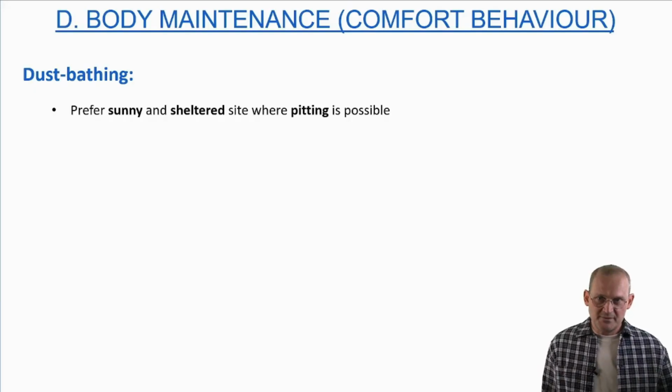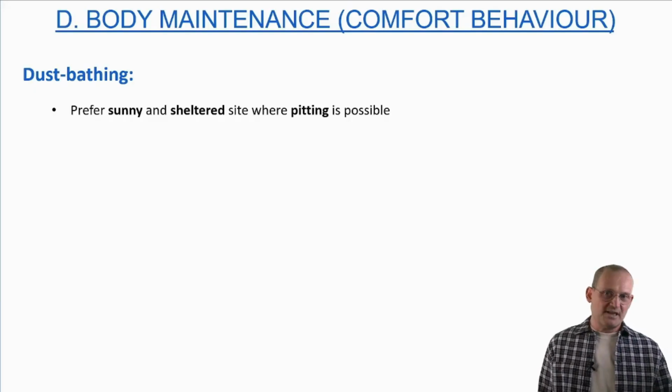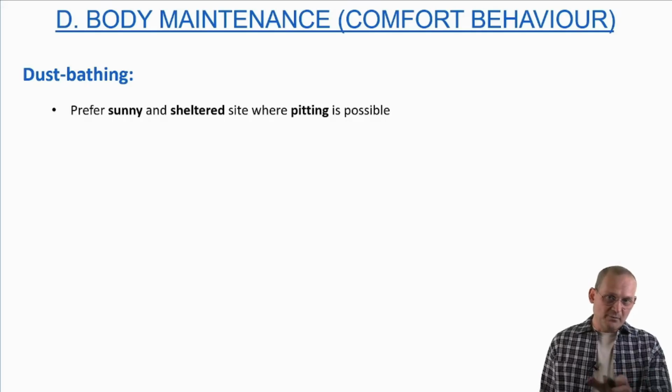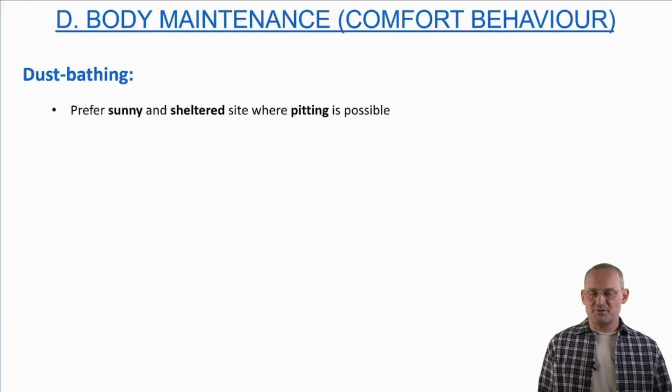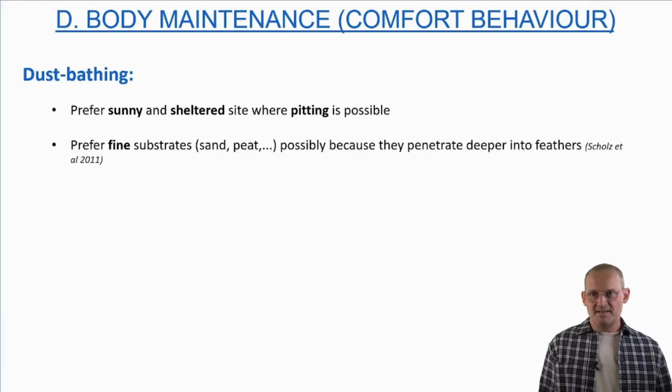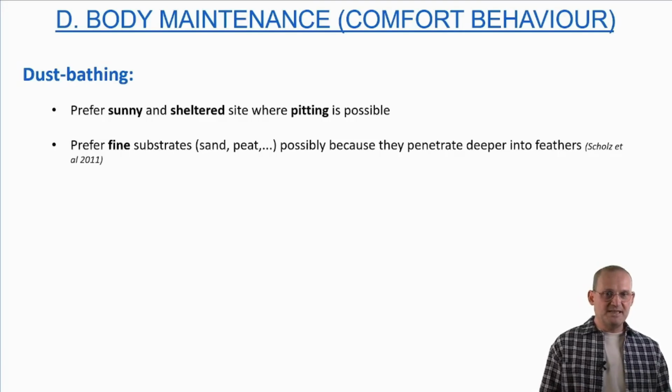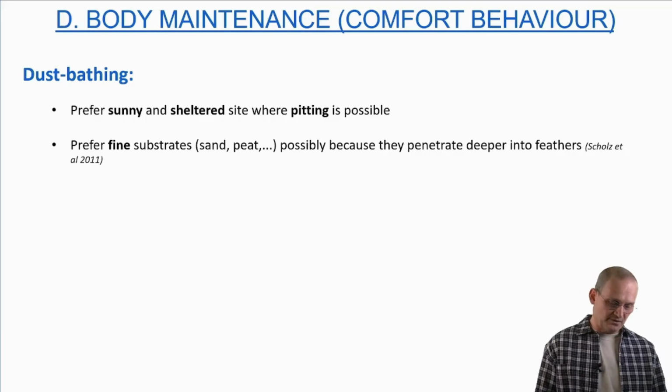For dust bathing behavior, they prefer a sunny and sheltered site where the formation of a pit is possible. They also prefer very fine substrates such as sand and some sorts of peat, and the reason they prefer fine substrates is probably because they can penetrate deeper into the feathers and be more functional in this way.